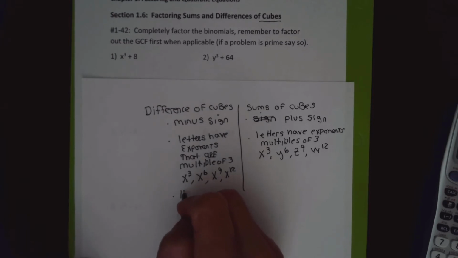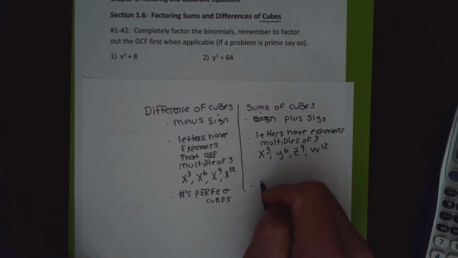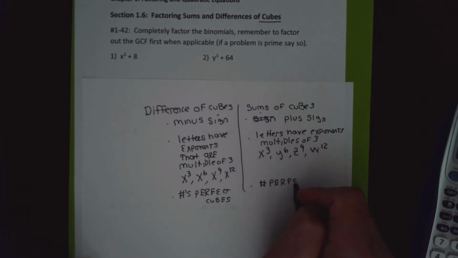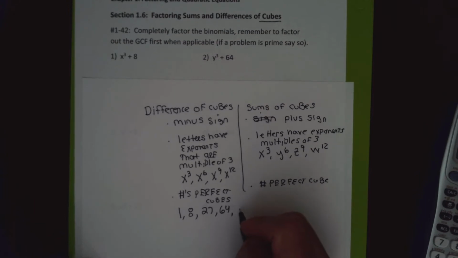The numbers are perfect cubes, and these are less common numbers. Whether I'm doing a sum of cubes or a difference of cubes, any number needs to be a perfect cube. 1 cubed is 1, 2 cubed is 8, 3 cubed is 27, 4 cubed is 64, 5 cubed is 125, and so forth.